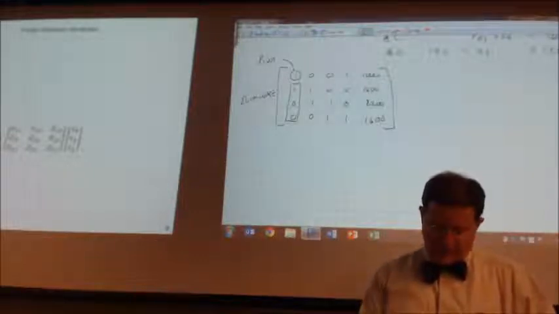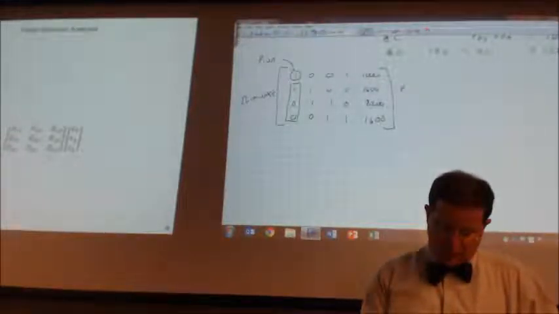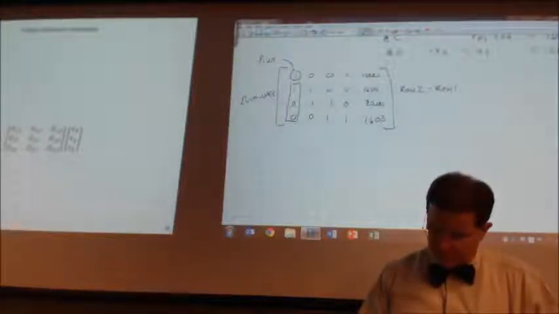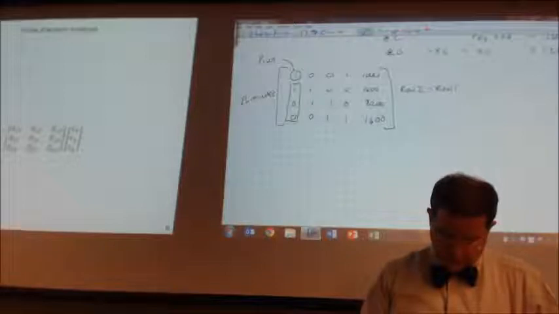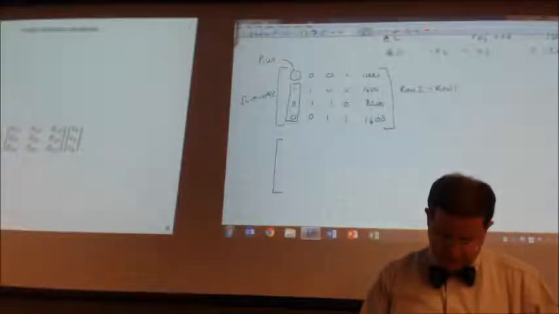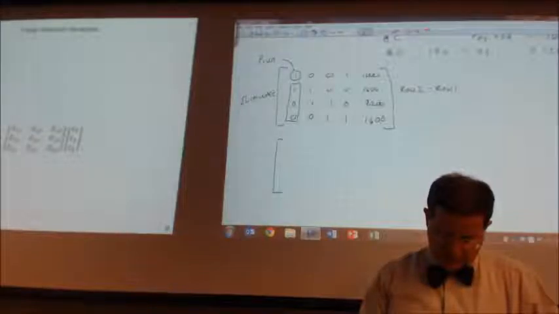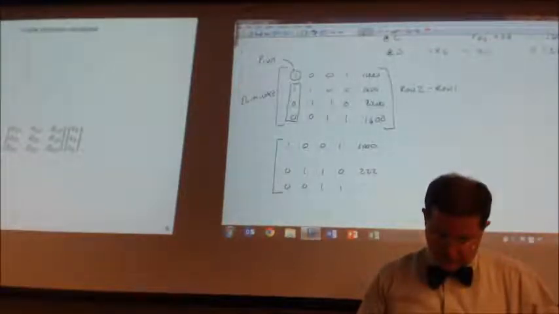So this is going to be row 2 minus row 1, right? If I redraw this, row 1 isn't changing. Row 2 is going to change. Row 3 isn't changing. Row 4 isn't changing.